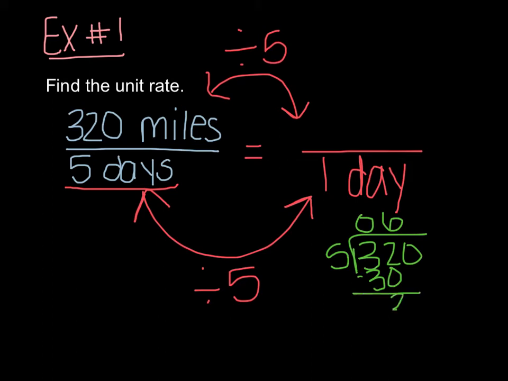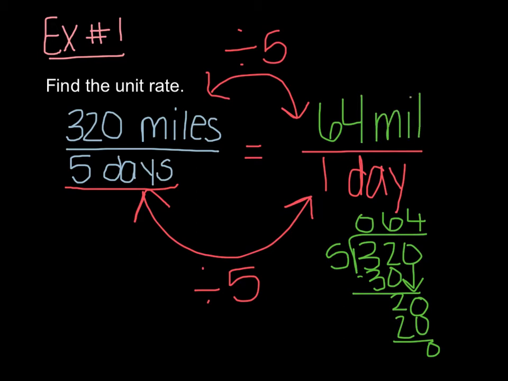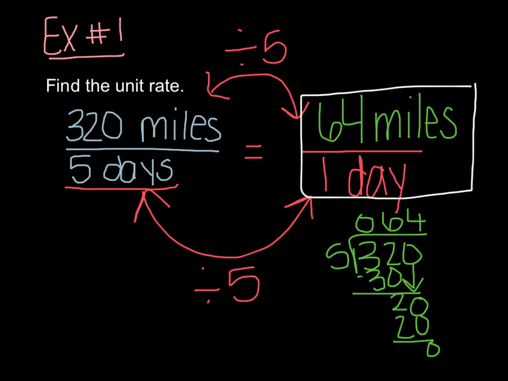So there's 2 left over. Bring down the 0. 5 goes into 20 4 times evenly. So they can travel 64 miles in 1 day. And that is the unit rate. Unit rate always compares to 1.